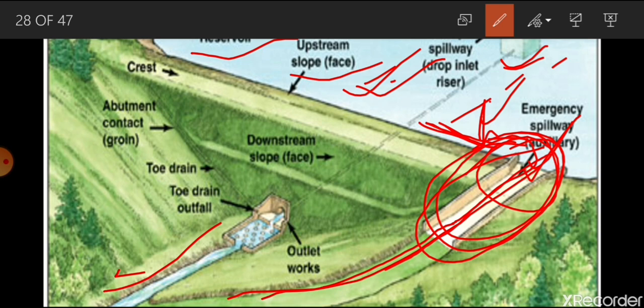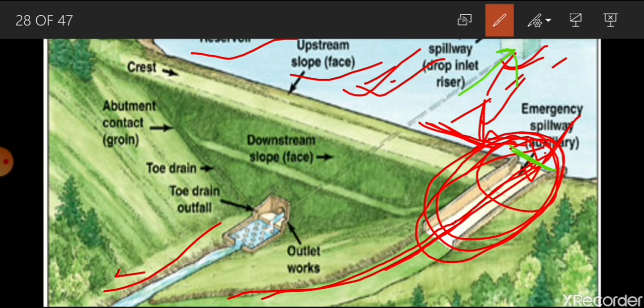Whereas this one I am talking about, just a minute, I am taking a different color pen. This one. This particular structure is placed a little lower than this level. So what will happen when a flood occurs?